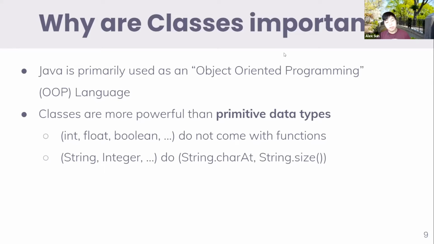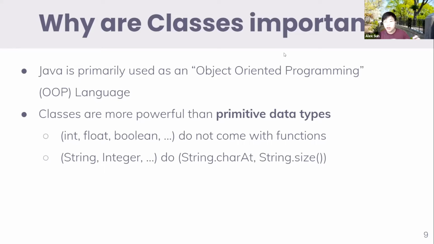Java is an object-oriented programming language. It's built on the fact that you use classes a lot of the time, because classes are very powerful. They're more useful than primitive data types. When we make int x equals 5, we can't really do anything with it by itself.